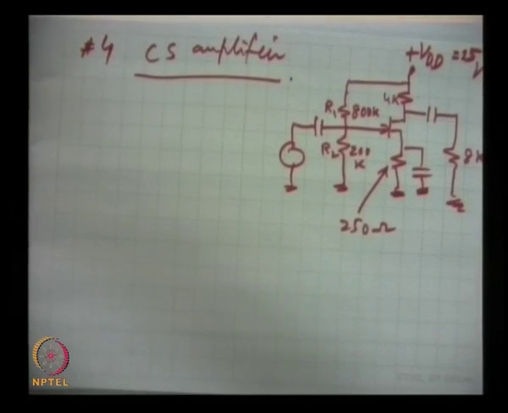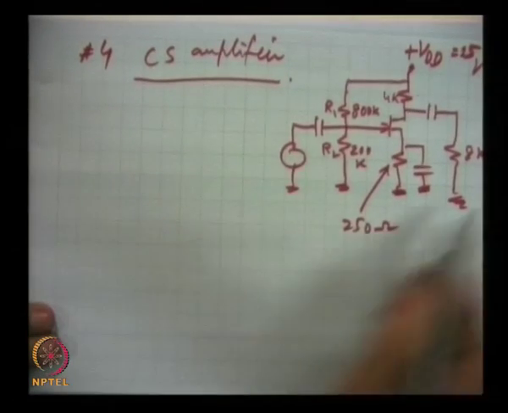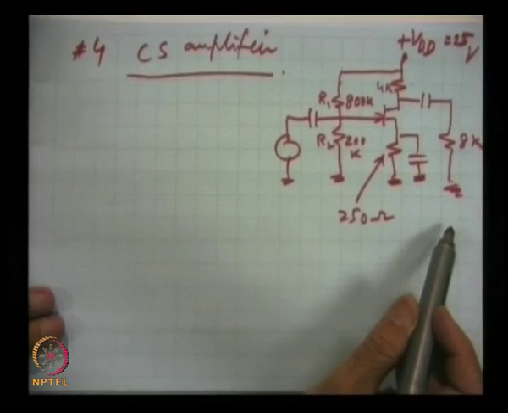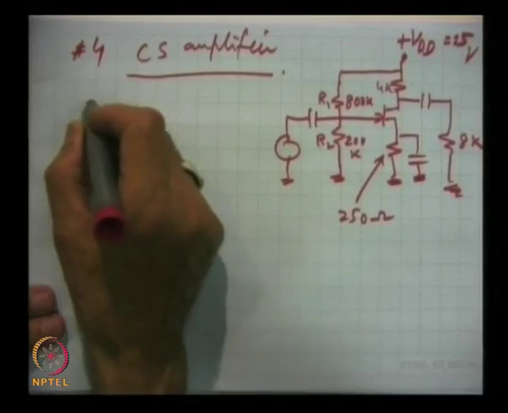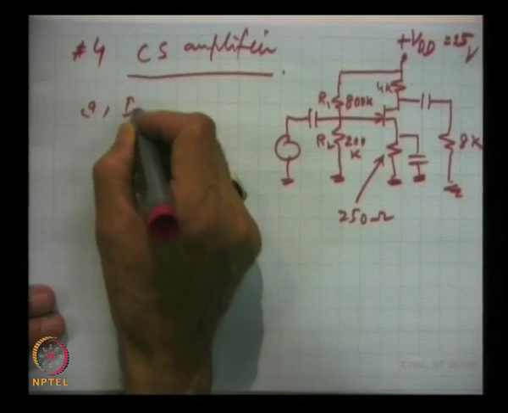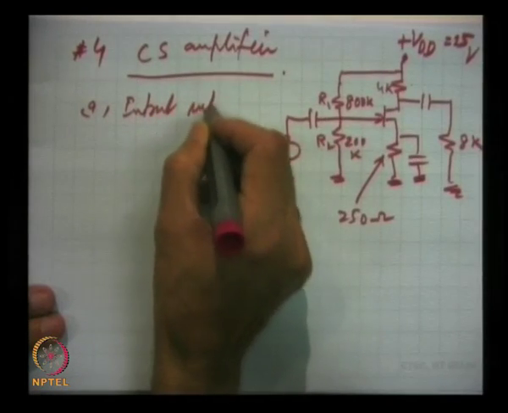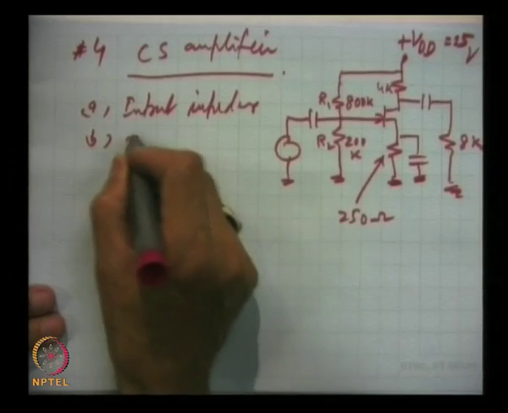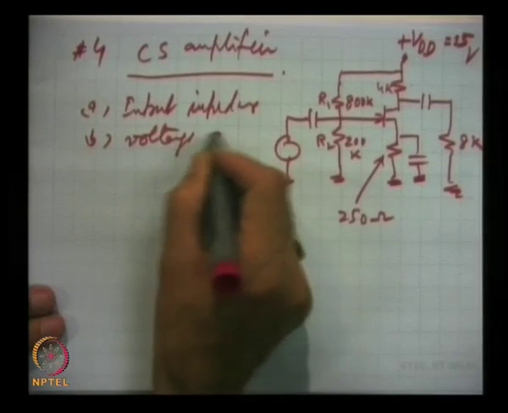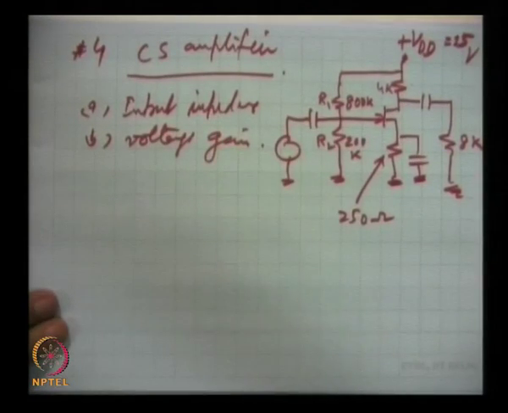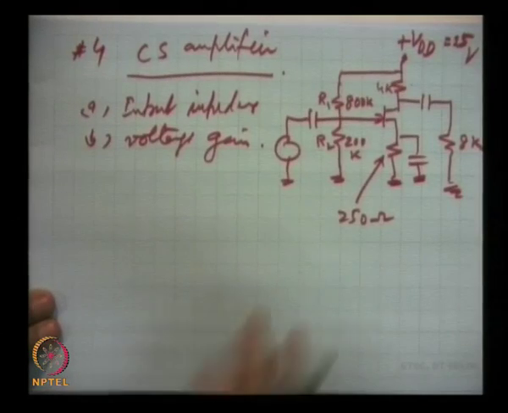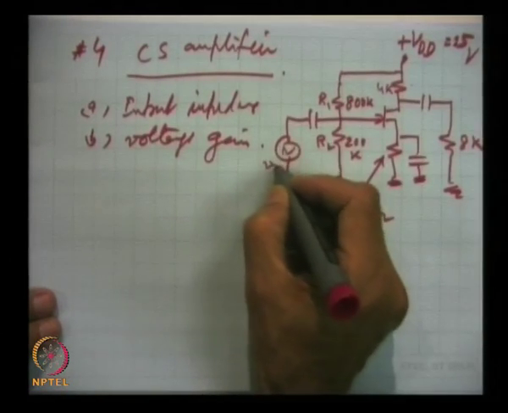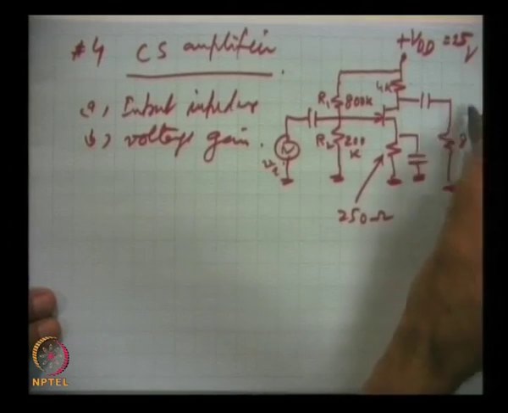So, here two things have to be determined. This is the circuit where all parameters are known, and we have to find out what is input impedance and voltage gain. First we draw, this is the input Vi, and output is taken here.